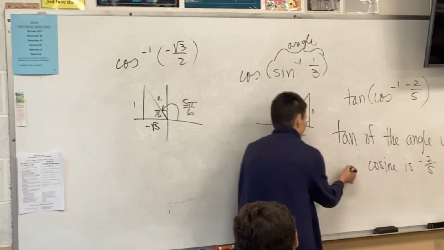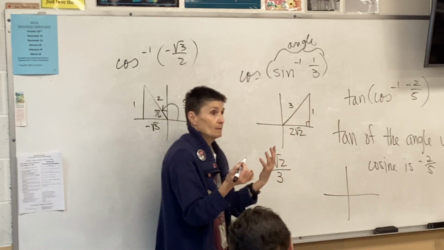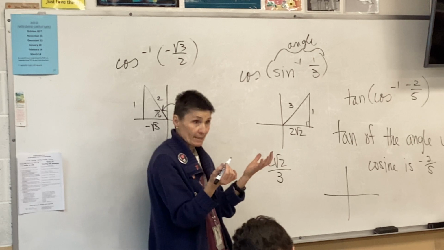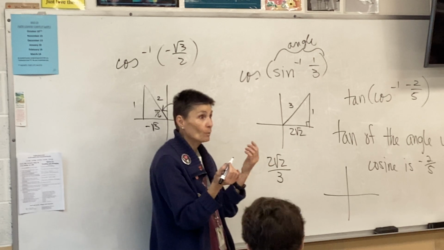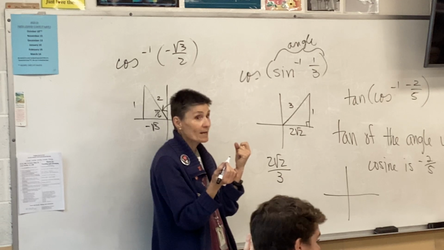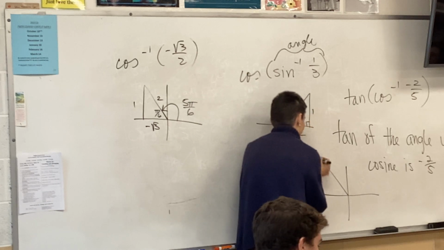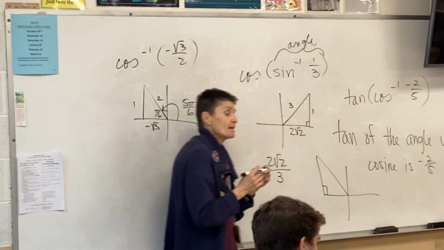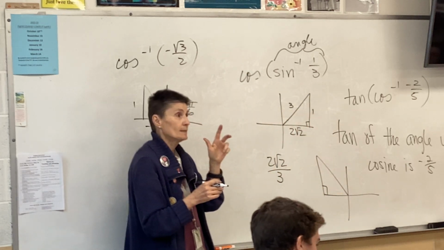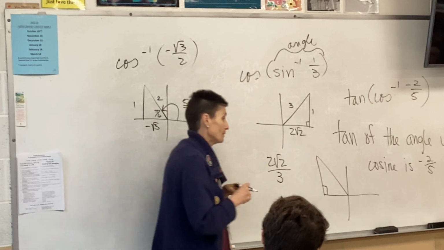So the first thing we're gonna do is draw a picture of this angle. Where are we drawing it? Quadrant what? Remember, cosine is in quadrants 1 and 2. Since it's negative, it has to be 2.